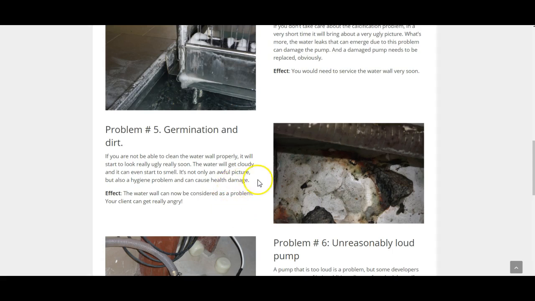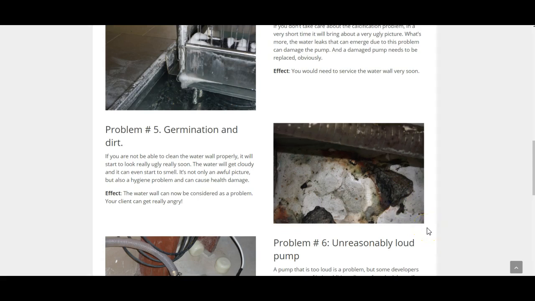And the fifth problem is germination and dirt. Actually, a water wall, a water feature, is also an air cleaner, but that means that all the dirt from the air will be stored in the water. So if you don't remove the dirt from the water, your water wall or water feature is going to get really ugly.